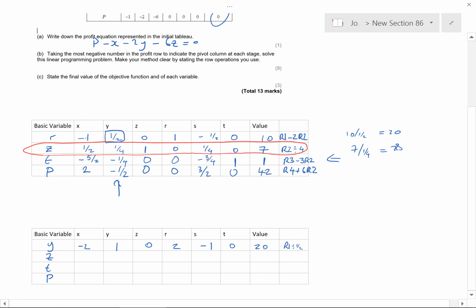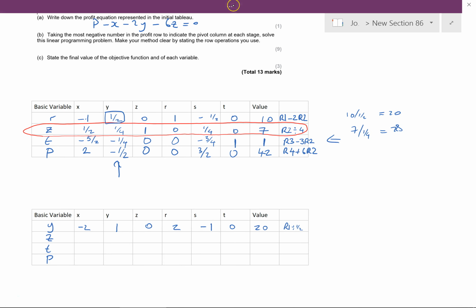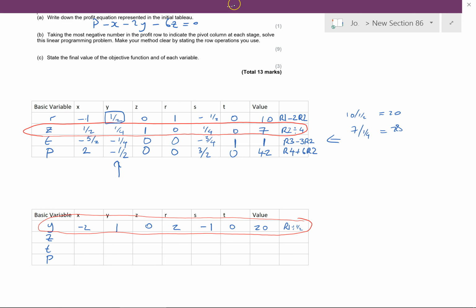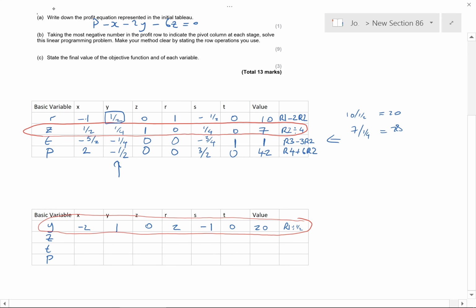Okay, so again, to try and avoid the error I made here, which wasn't a deliberate error, it's just easy to look at the wrong numbers. So there we go. I'm going to highlight the pivot row as well, so that I always know that I'm taking away numbers from that row or adding numbers from that row. Okay, so let's look at what we need for the row operator.